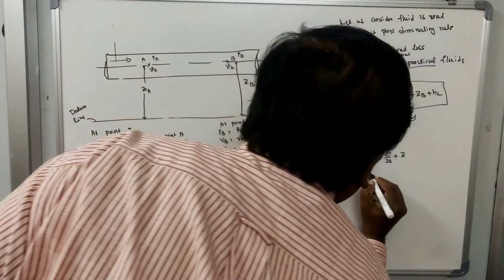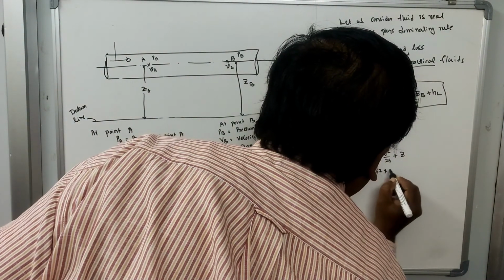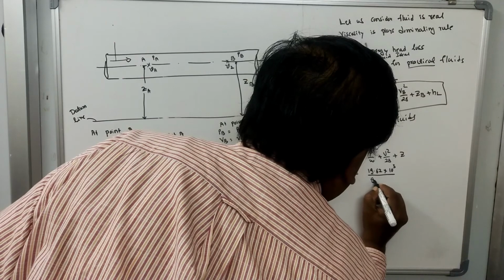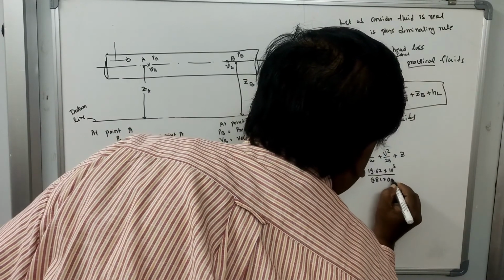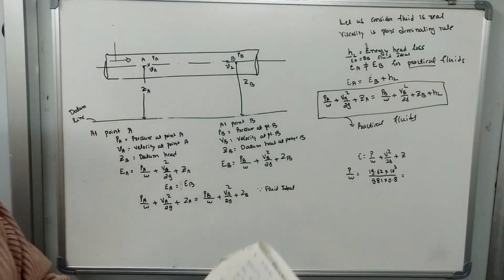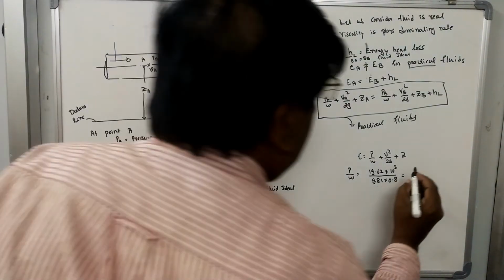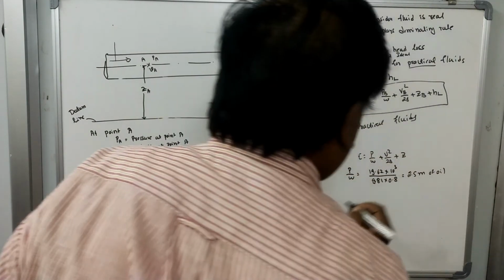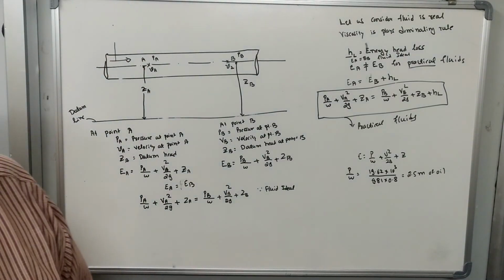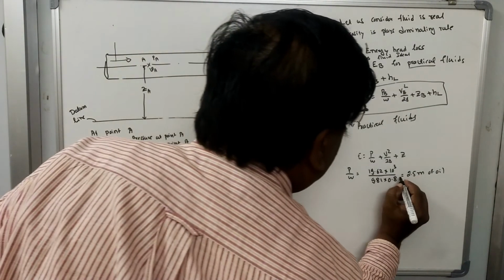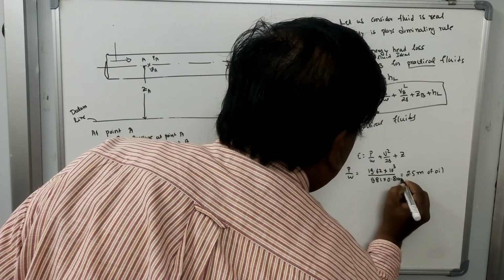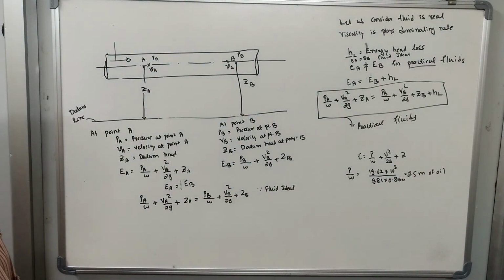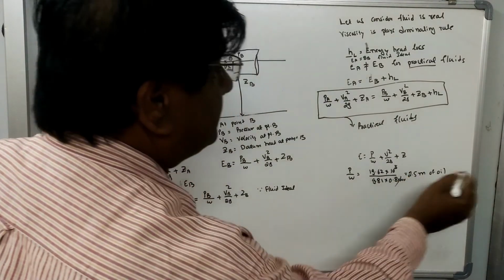So that is 19.62 into 10 raised to 3 Newton per meter square divided by 9.81 into 1000 into 0.8. So it is 2.5 meter of oil.